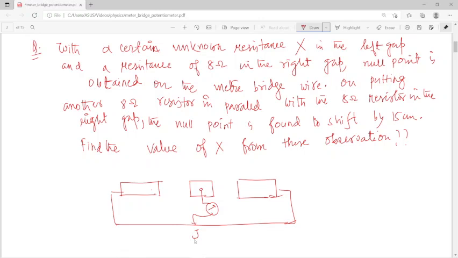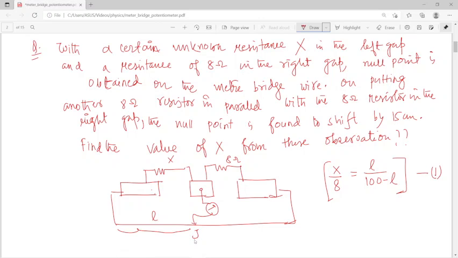And here there is an unknown resistance, say this is X, and this resistance is 8 ohm, and the null point is obtained at length L. Then what we know is that X by 8 is L by 100 minus L. That is the corresponding formula. X by 8 is equal to L by 100 minus L.